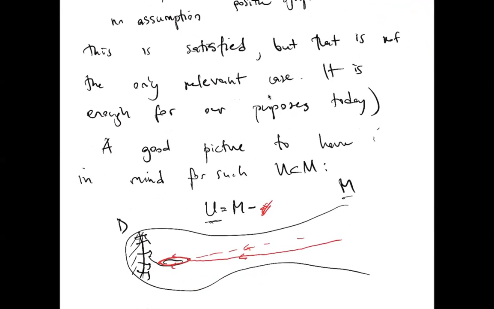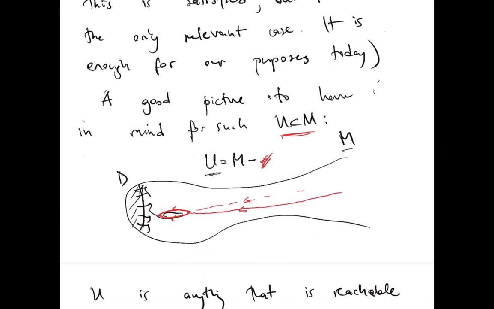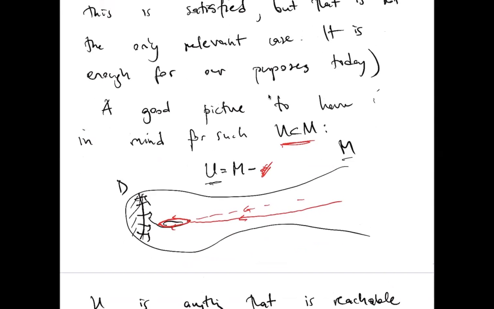Okay, so let me just give you a picture of what kind of U's can satisfy this property. Again, this is in the context of Liouville geometry, but the result itself is more general. So if you take, for example, this symplectic manifold M, some kind of a punctured torus, and you take some subset D here, and you take a Liouville structure that looks like this.